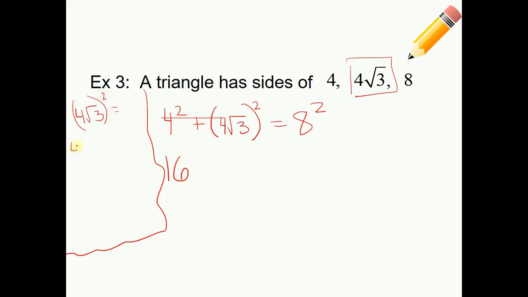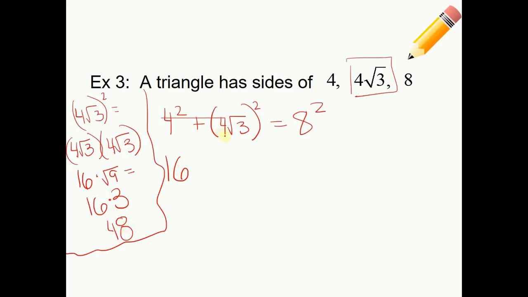Technically, all that is 4 square root of 3 times 4 square root of 3, because that's what squared means, multiply by itself. So what we're going to do is multiply each piece by itself. So 4 times 4, that's 16. Square root of 3 times the square root of 3, that's technically the square root of 9, which is just 3, so this is technically 16 times 3, which is just 48.